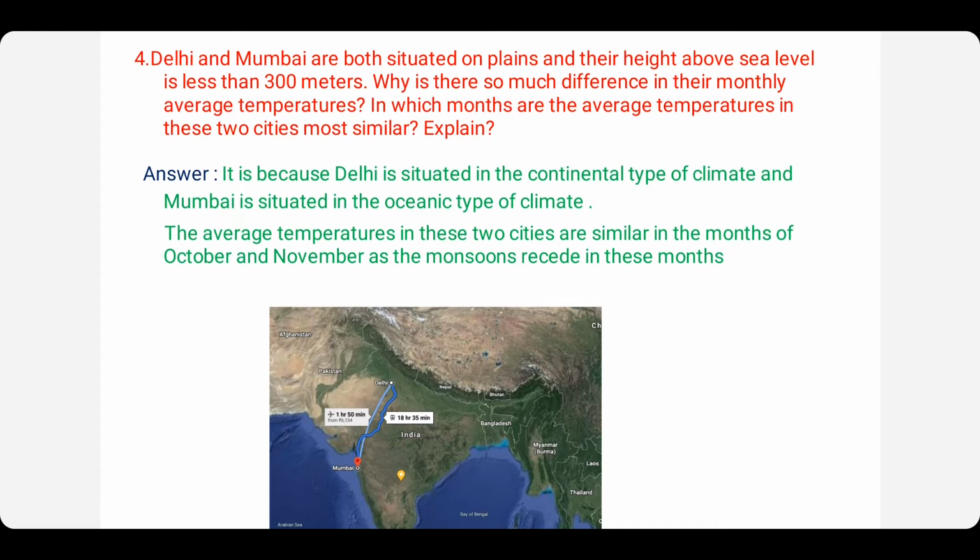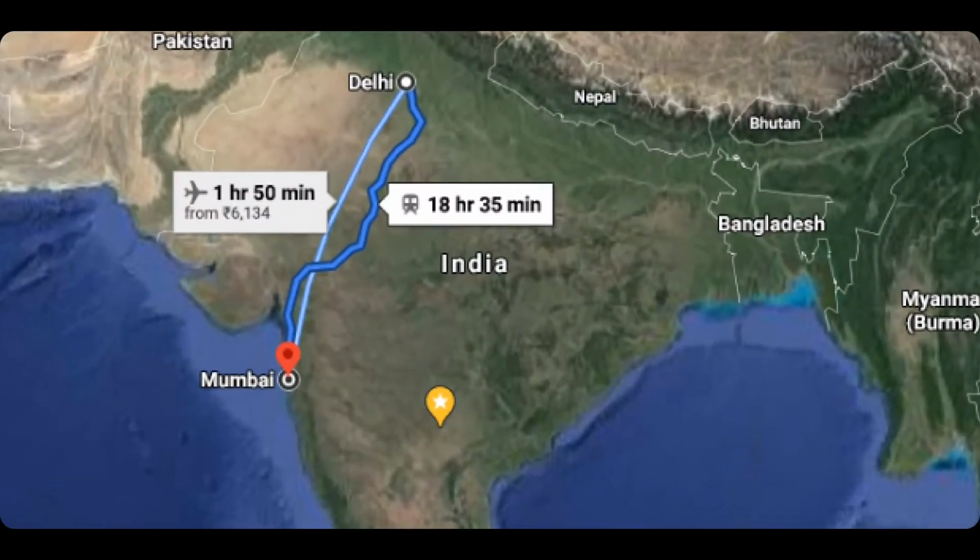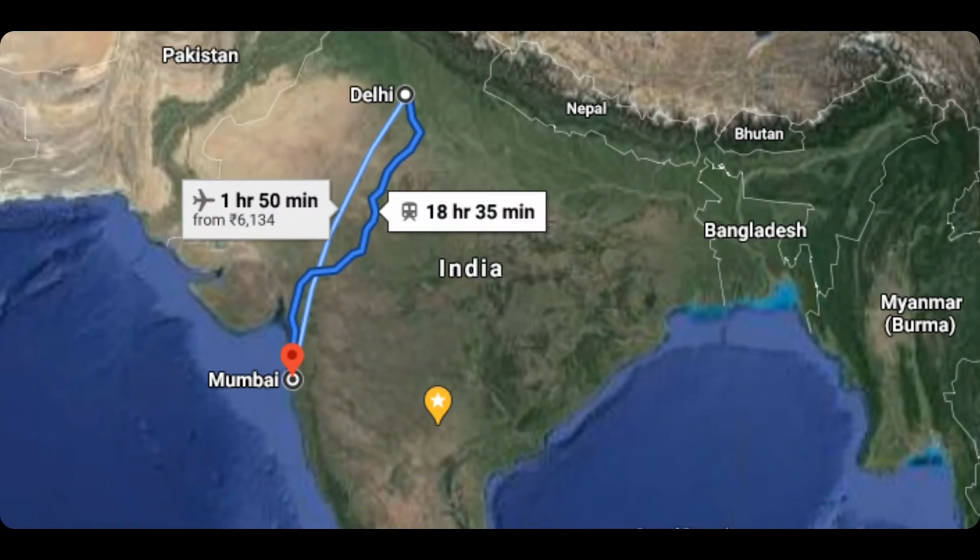It is because Delhi is situated in the continental type of climate and Mumbai is situated in the oceanic type of climate. You can see here Mumbai is located on the seashore. So here it experiences an oceanic type of climate, which is always similar, that is because of the land breeze and the sea breeze.